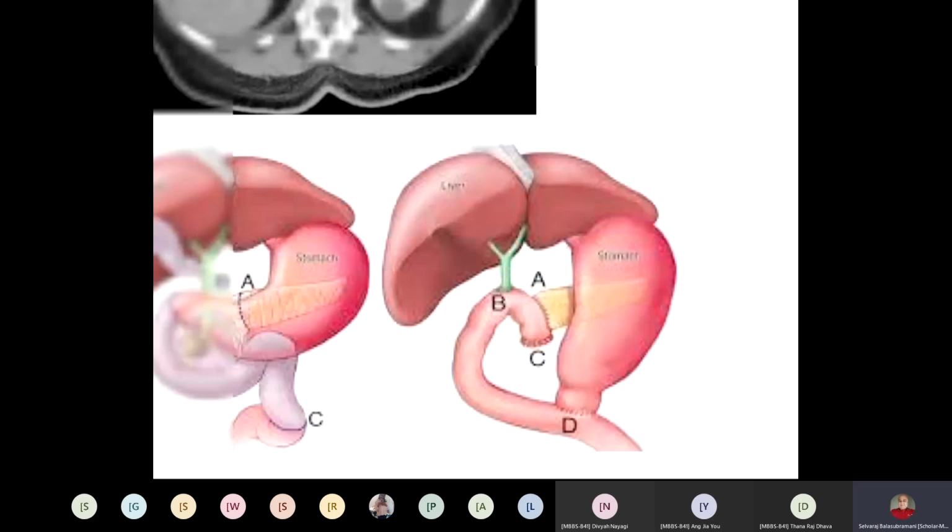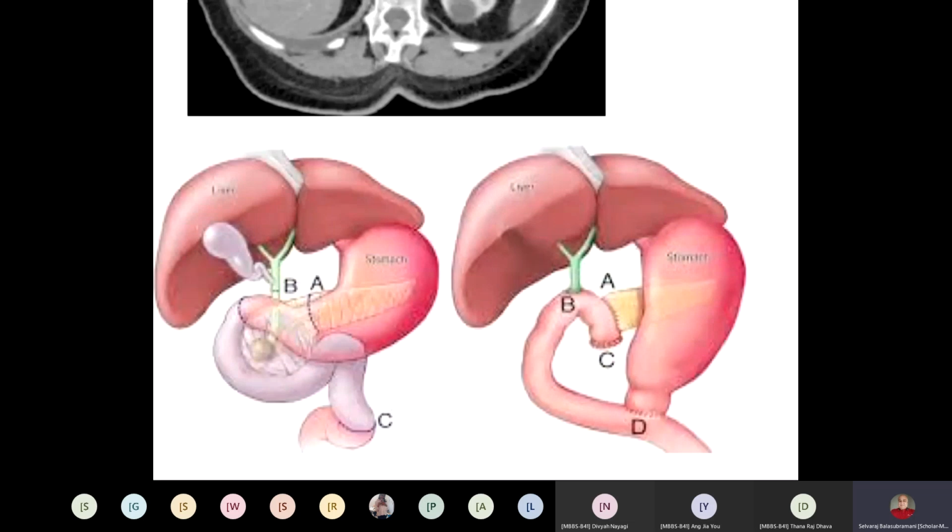Suppose the patient is inoperable, the tumor is inoperable, then you need not do this Whipple's operation. You can do what is called a triple bypass, where there also you will be doing 3 bypasses, but not choledochojejunostomy. Instead, you need not remove the gallbladder.